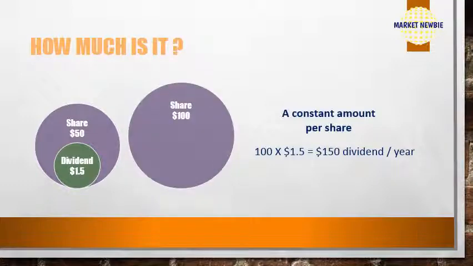Now, if over the course of the year the stock price rises to $100 per share, you will still get $1.5 each share as dividend, and this leaves you the same amount of dividend per year, unless the company decides to raise the dividend per share given its growth.